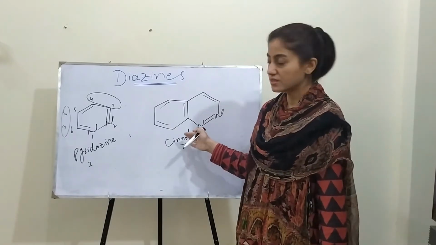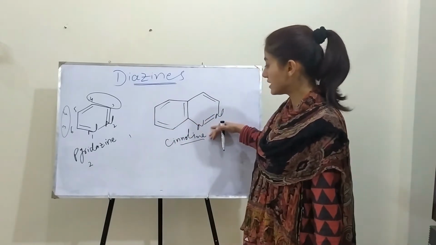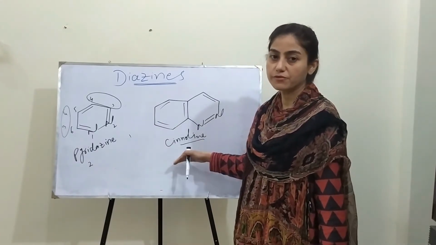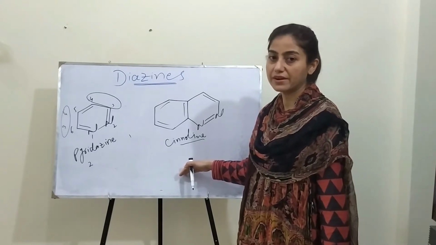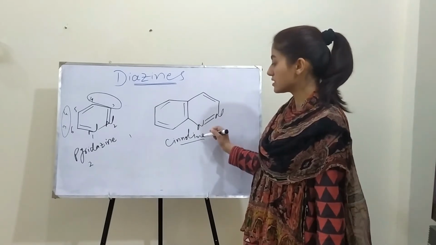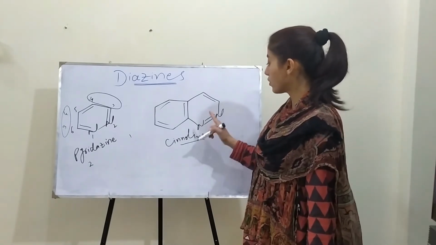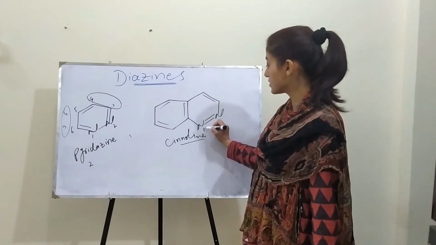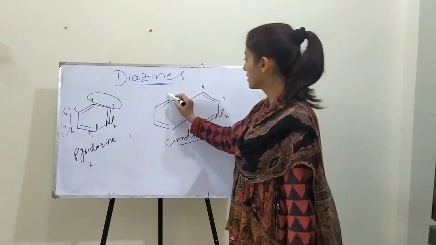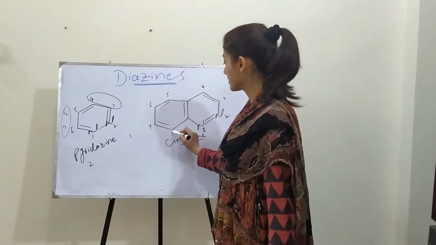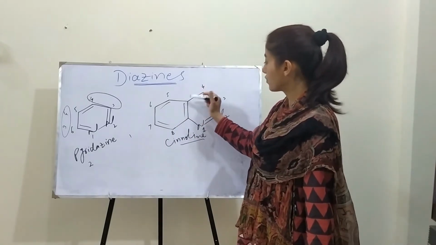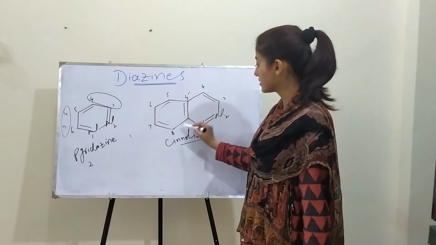If we start the numbering of cinnoline, it would follow the numbering system of fused ring systems like naphthalene and anthracene. According to that, we always start from this position at number 1, then number 2, 3, 4, 5, 6, 7 and 8. And these shared positions are named after this 4, it would be 4 prime, and after this 8, it would be 8 prime.